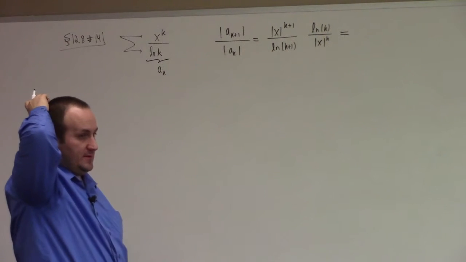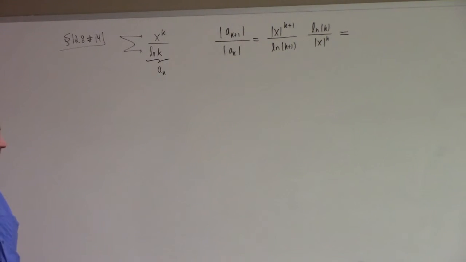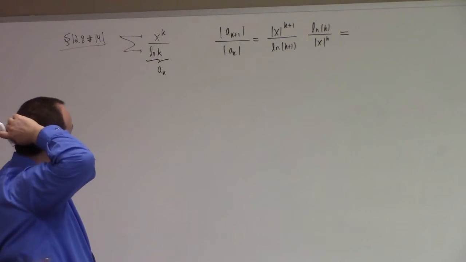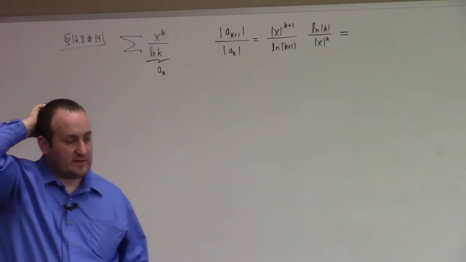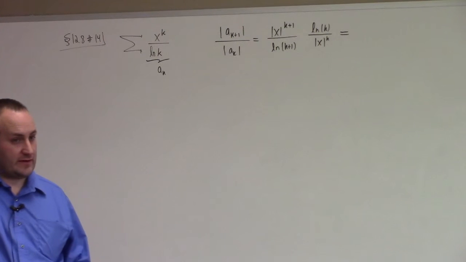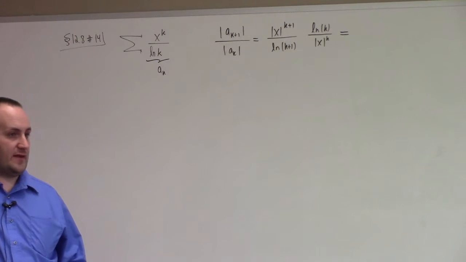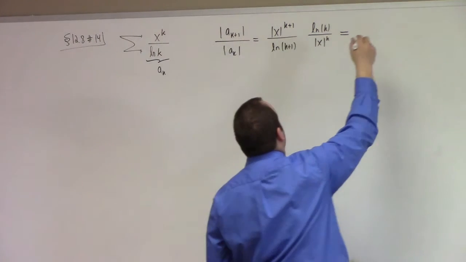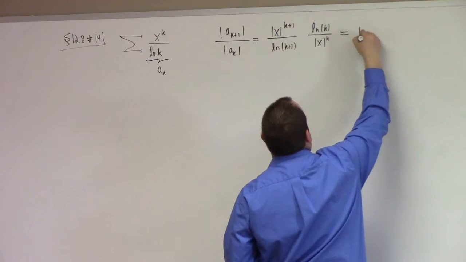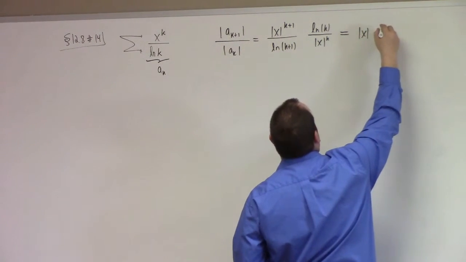Yes, the interval of convergence is the domain for the power series. It's all values of x for which it converges. This won't tell us that. This will at least tell us the open interval of convergence, though, right? And then we might have to think about the endpoints separately. What happens here? You got yourself an absolute value of x, and you got the quotient of the logs.